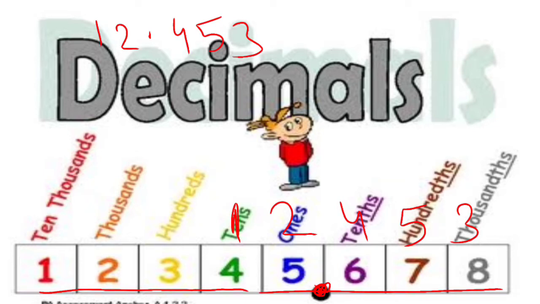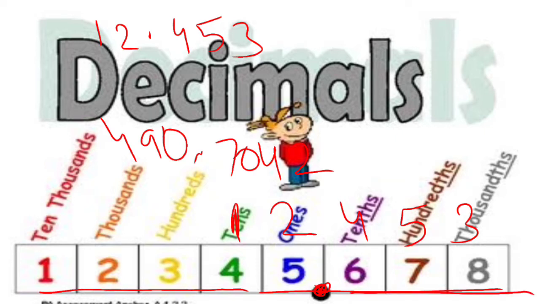Okay, I'm taking another example, that is 490.7042. How will we represent that? Here there are four place value boxes, then after hundredths or thousandths we will add 10,000ths also. A box we will create here. We write from left to right here, 7042.